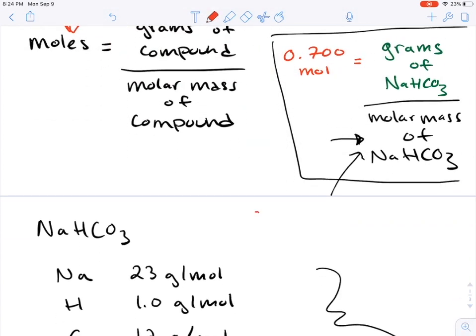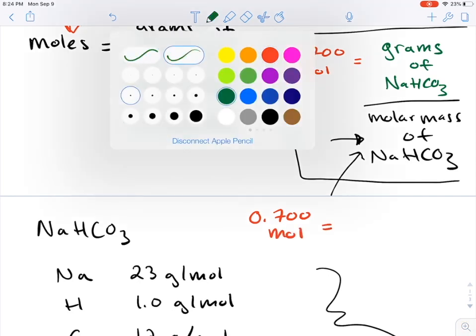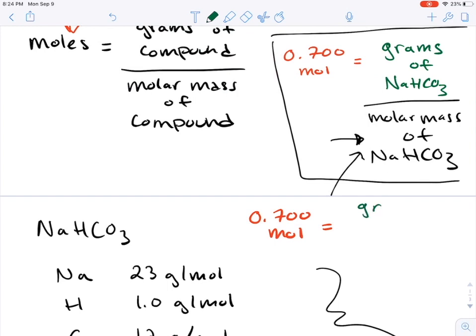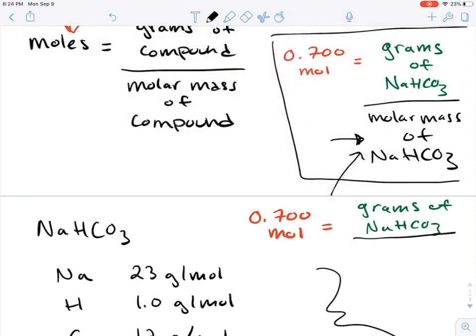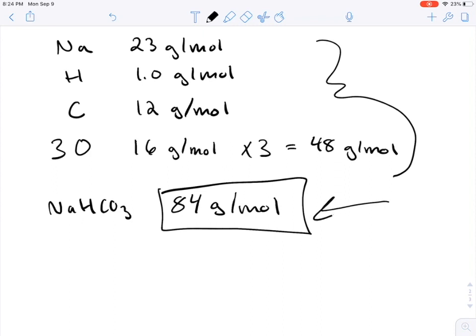So we have, right under it, 0.700 moles. What we're still trying to look for and calculate is our grams of NaHCO3. And what we just calculated over here was our molecular weight of NaHCO3.